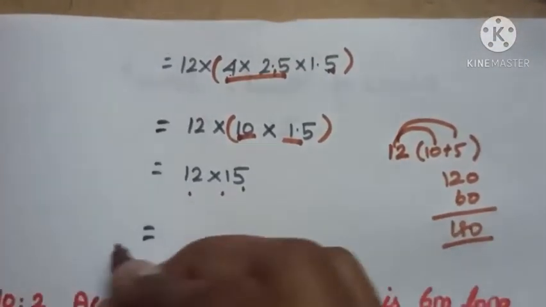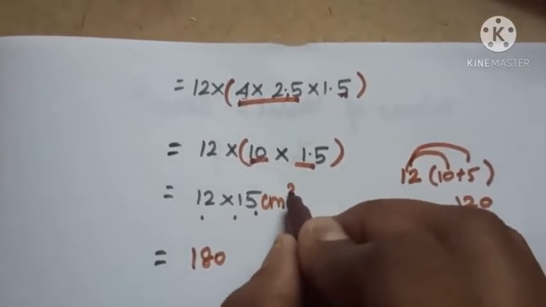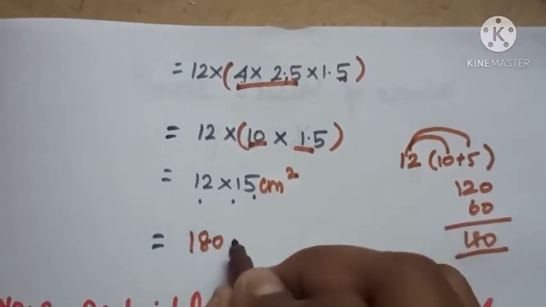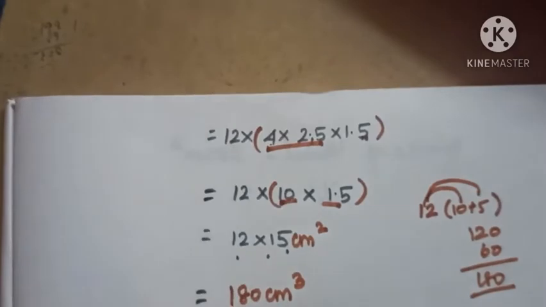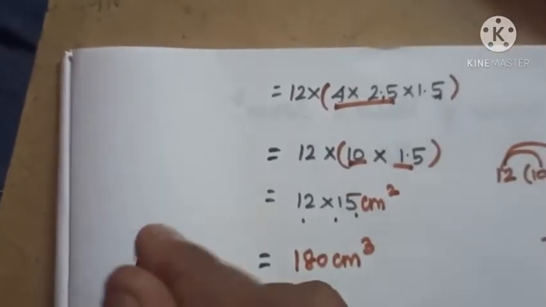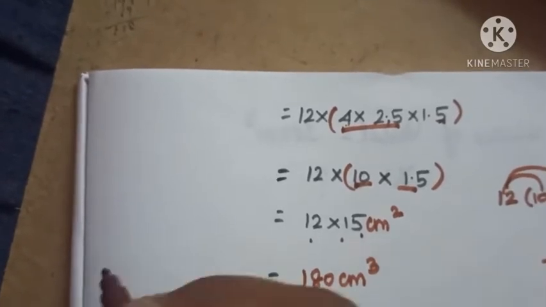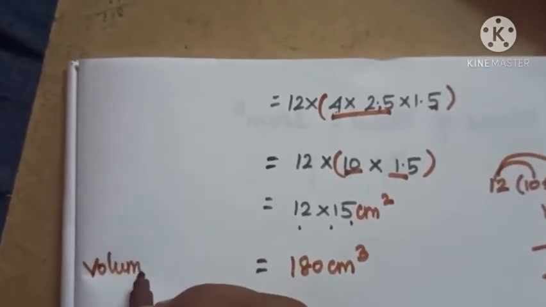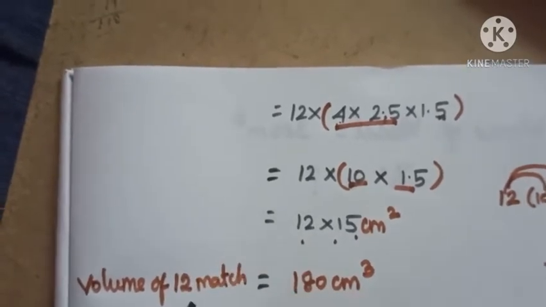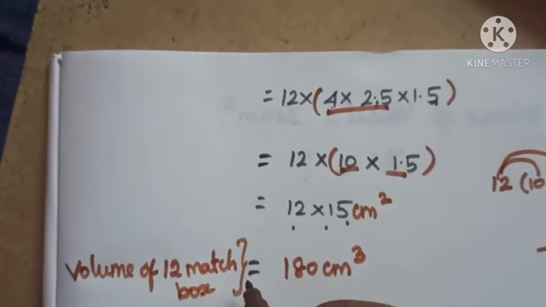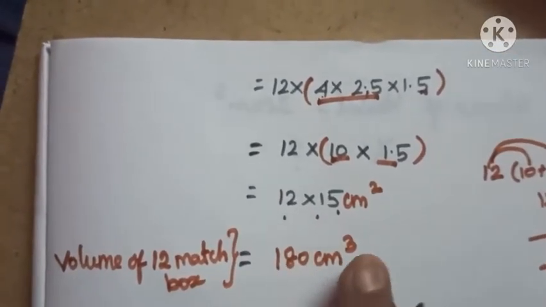So 12 into 15 is 180 centimeter cube. What is this? The volume of 12 matchboxes. The volume of 12 matchboxes is equal to 180 centimeter cube.